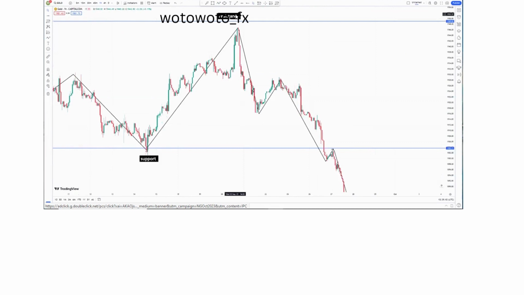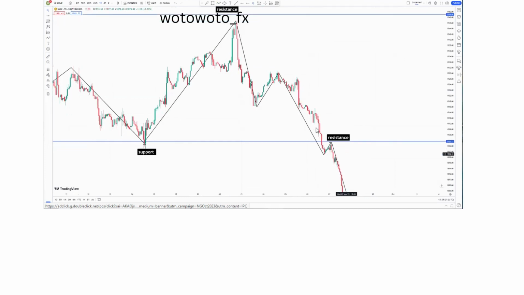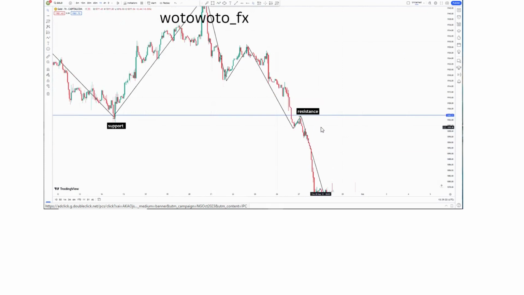So now this is what we're going to need now. Price tapping here as a what? Resistance after what? Breaking it. So now this is just all about support and what? Resistance.